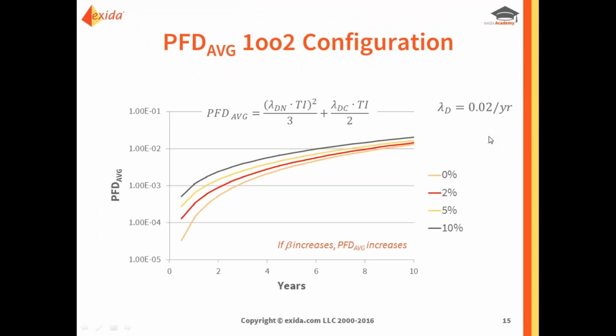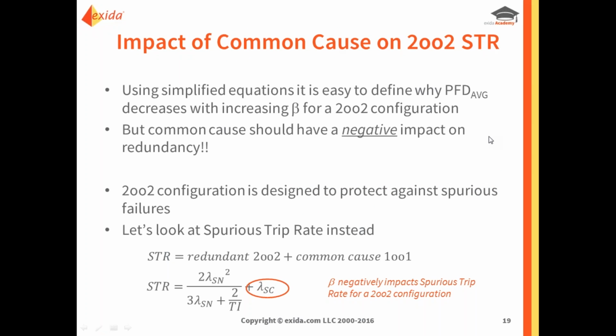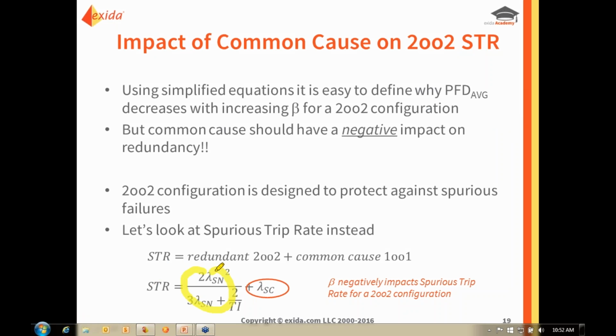If we go to the spurious trip rate, which we have here, this formula was roughly the same. There's roughly a 3x difference between the two, and then the same, adding common cause for the 2 out of 3. Increasing beta will increase the common cause spurious trip rate, and will therefore increase the overall spurious trip rate.